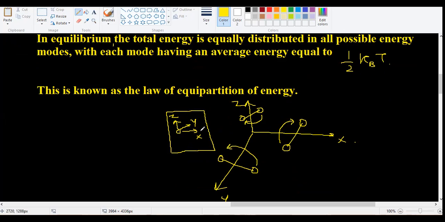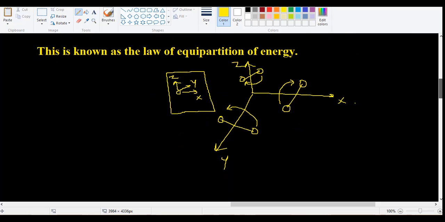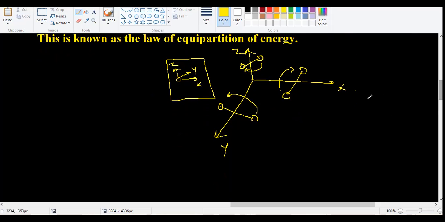So this is called translational mode, and this is called rotational mode. There is one more mode which is called vibrational mode. In the same place it can be vibrating instead of moving or instead of rotating. It can just keep moving up and down. So this is called vibrational.